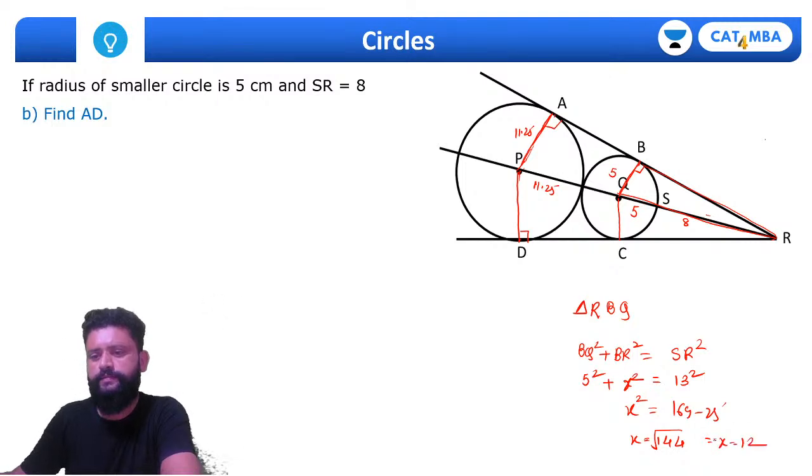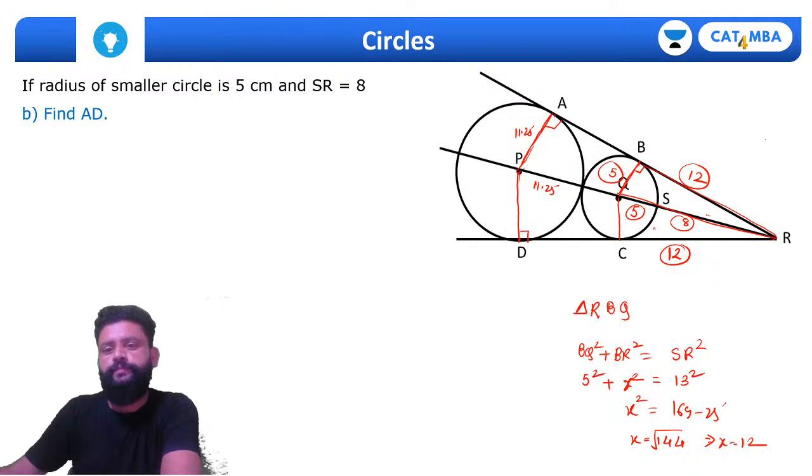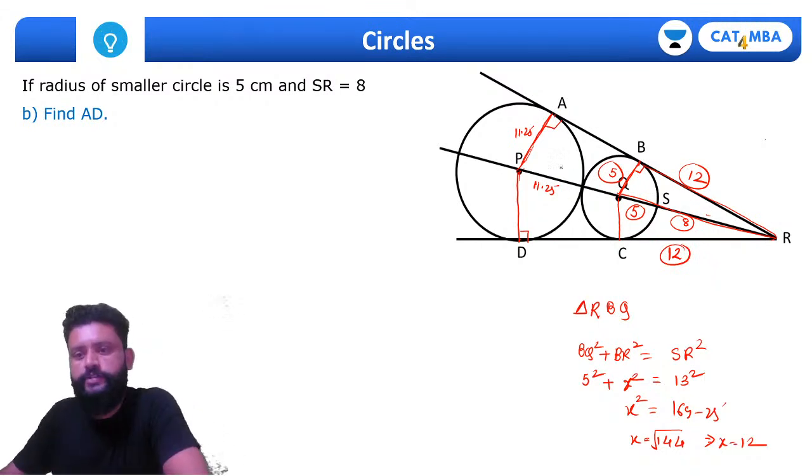X has to be 12. So BR is 12. You can simply write it directly too. This is 5, this is the square of 13, and 8 plus 5, both including these two. Then this must be 12. Okay, so we have got 12.